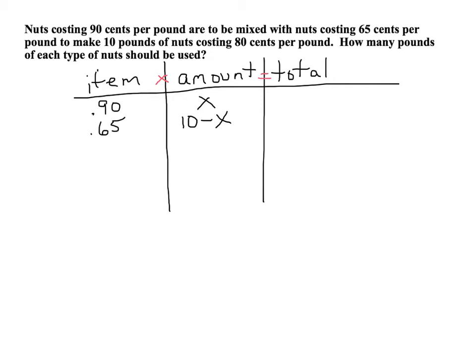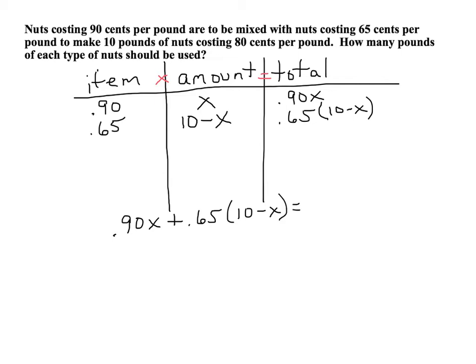So now I'm just going to go through and multiply each one of these rows. I get 0.90x for the first total, and I get 0.65 times the quantity 10 minus x for the second row. My equation is still going to be exactly the same. I still need 0.90x plus 0.65 times 10 subtract x, and it still has to equal the value of the mixture.